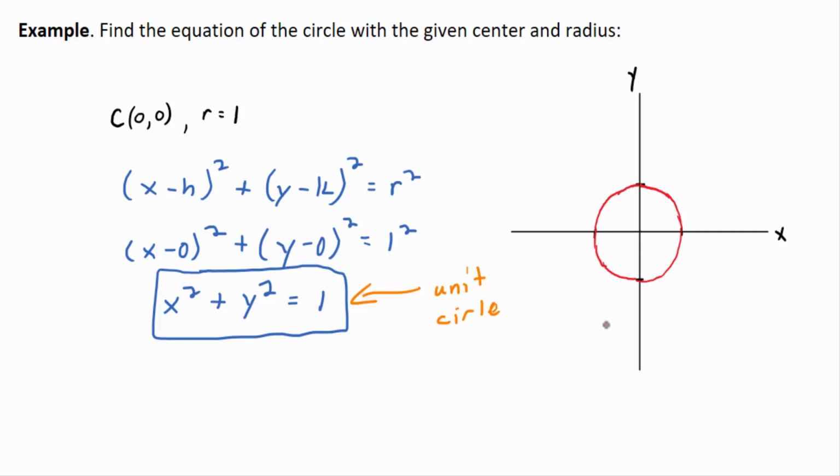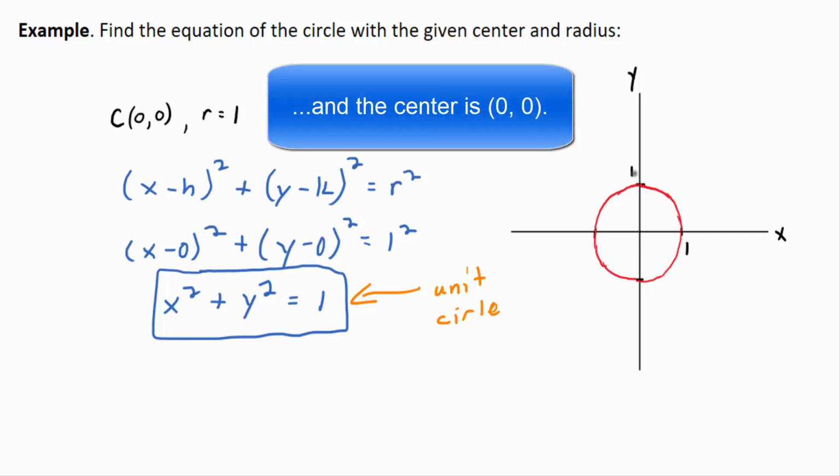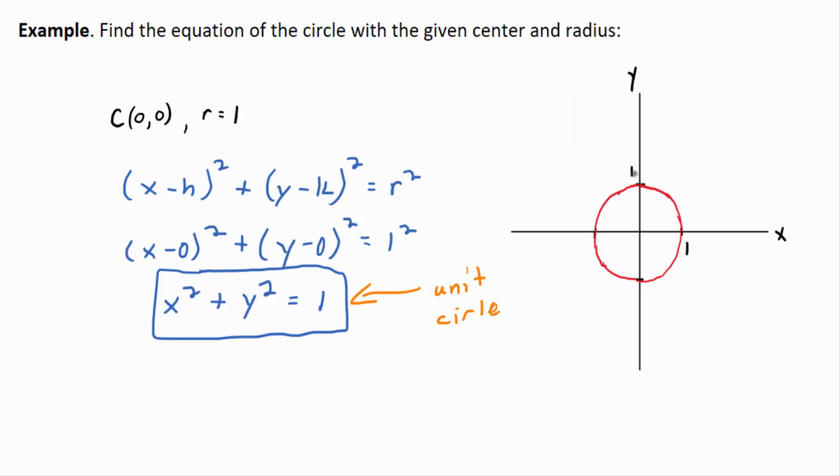And in this case, that's the unit circle, when the distance you're going out in all directions is 1. It turns out the unit circle is very important to define the trigonometric functions. So if you're going to take trig anytime in the future, just keep that in mind.